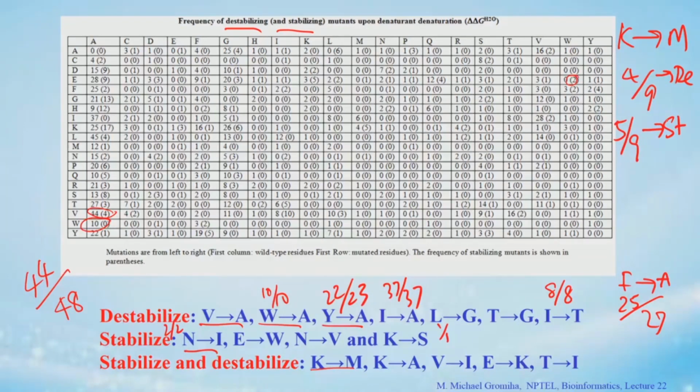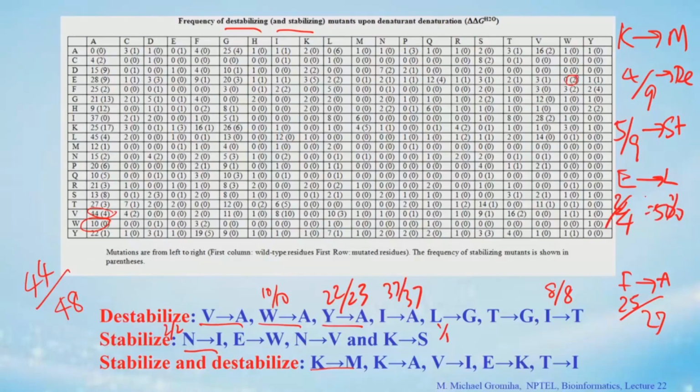In this case we do not know: if you change lysine to methionine, it may stabilize or it may destabilize. Can you tell some other example which can act as both? E to L. What is E to L? 2 comma 2, out of 4, 2 are 50%, it is just that we do not know.